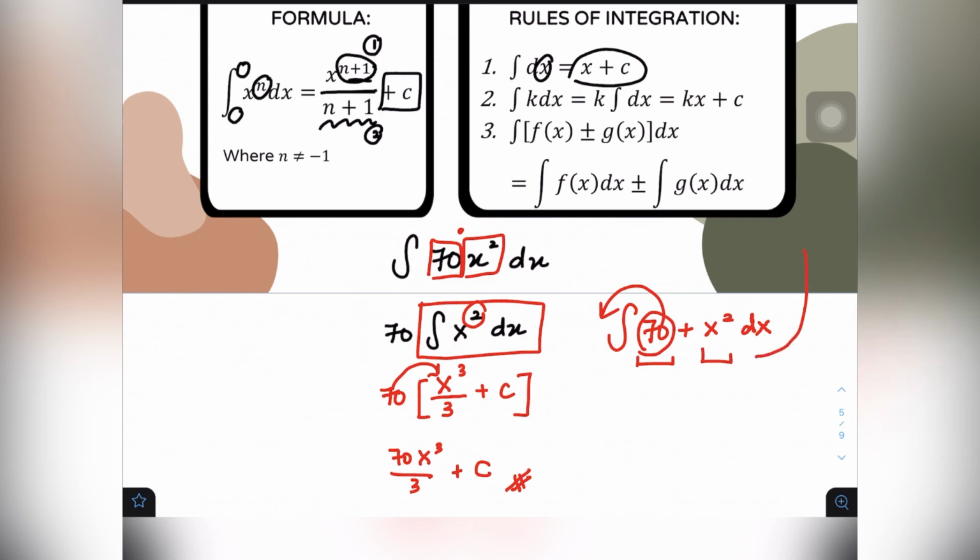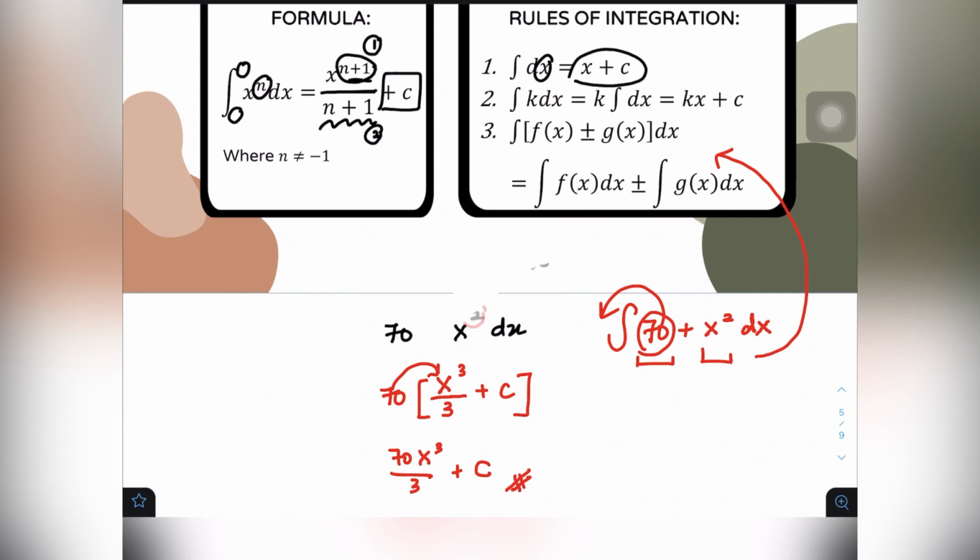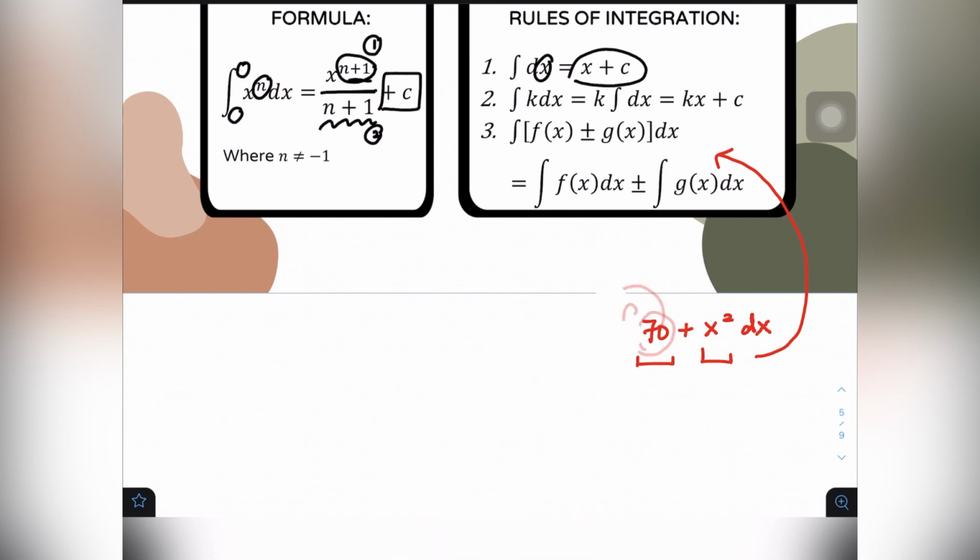You can only take the constant outside of the integral when there is multiplication between the constant and the variable.